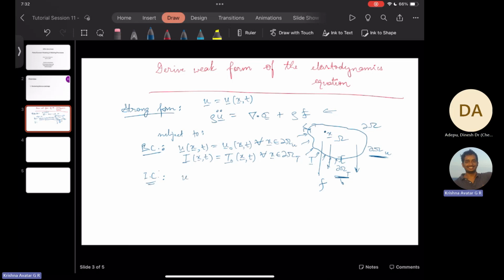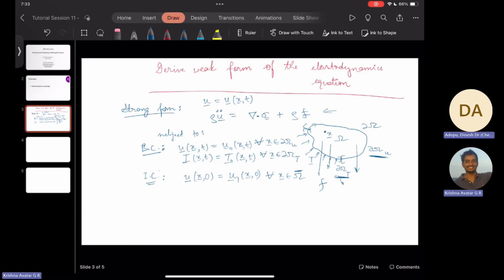The first initial condition will be to have u vector at x vector, t equal to 0, equal to some u1 vector of x vector defined throughout the domain. This is for all x an element of omega, including the closure. So I'll just put closure also.